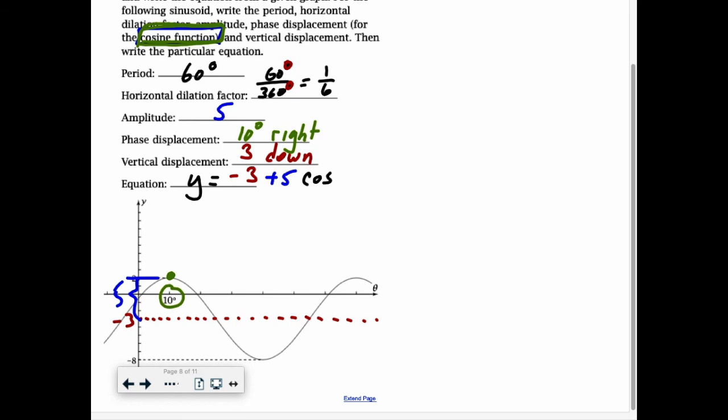My horizontal dilation factor is 1/6, but it's inside, so I've got to flip it, so it's a 6. And then my phase displacement is 10 to the right, which means that instead of positive 10, it's going to be negative 10 degrees. And that's my equation. You can check it in Desmos by plugging in. You should get something that looks like this.